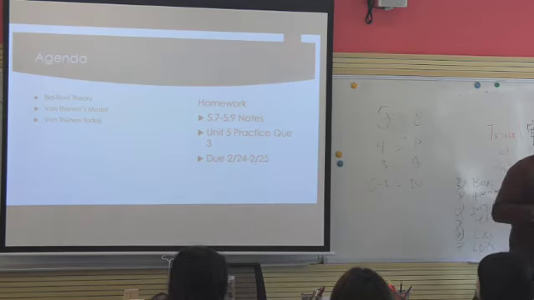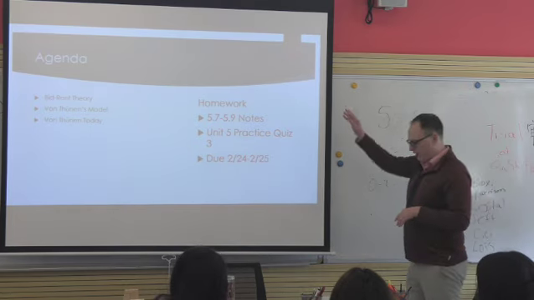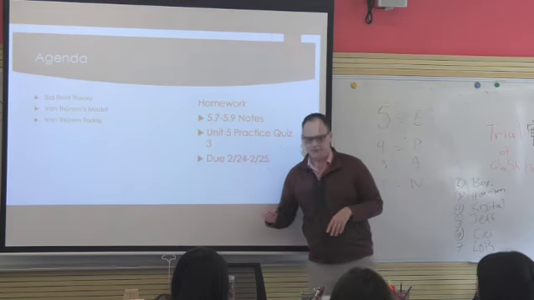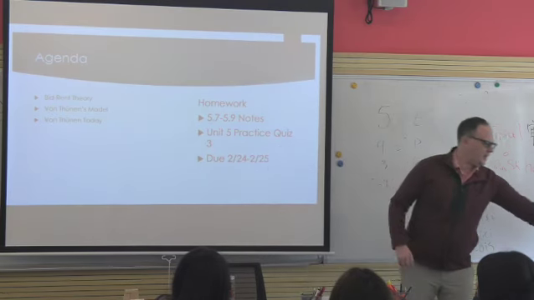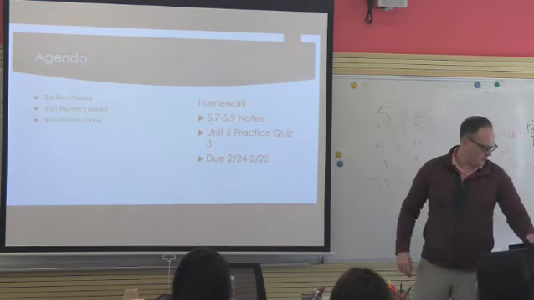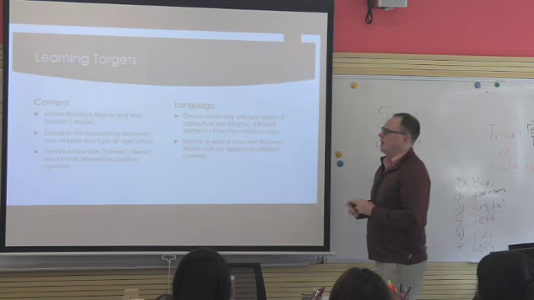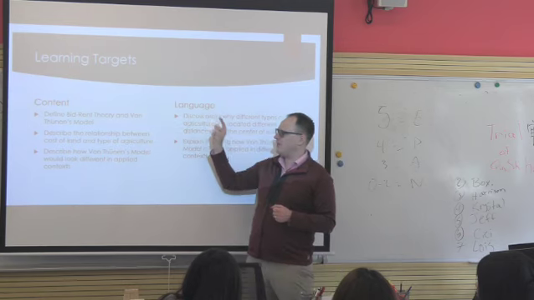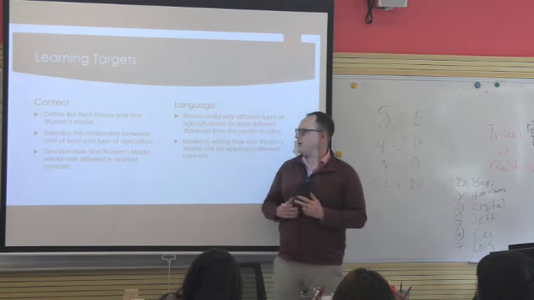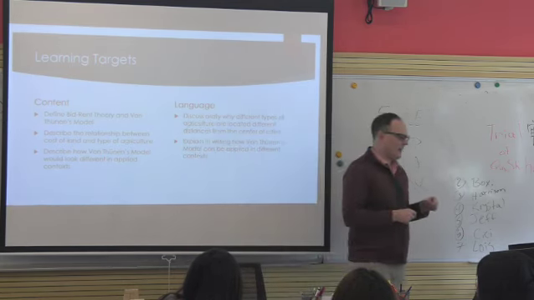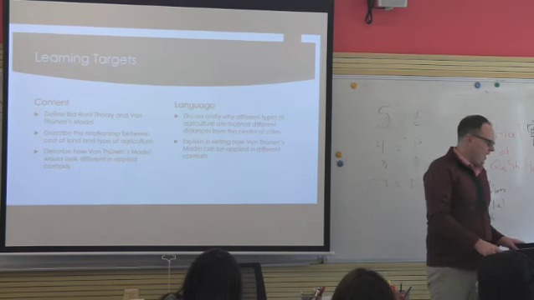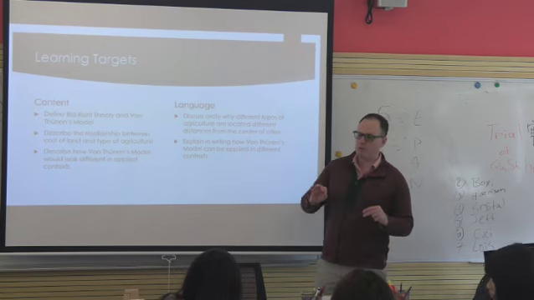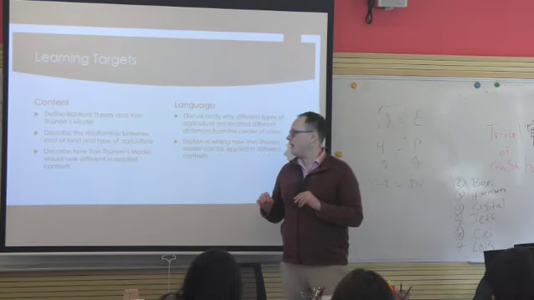So today we're talking about bid rent theory and von Thunen's model. So let's talk about our learning targets really quickly. I want you to be able to define von Thunen's model and the bid rent theory, explain the relationship between the cost of land and type of agriculture, and describe how von Thunen's model would look different if it was applied in different areas.